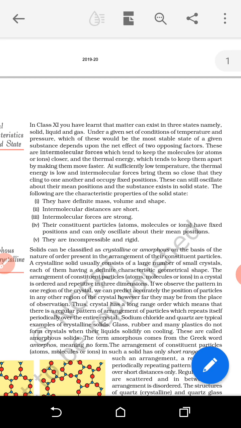Of these three states, we have studied the gaseous and the liquid state in class 11th. In this class, we will mainly deal with the solid state.